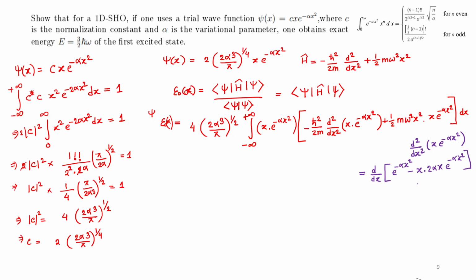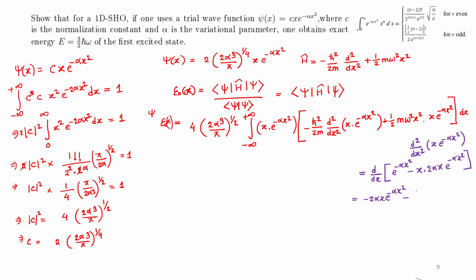Now we are left with this differentiation. Again, the first term is going to be minus 2 alpha x e to the power minus alpha x square.